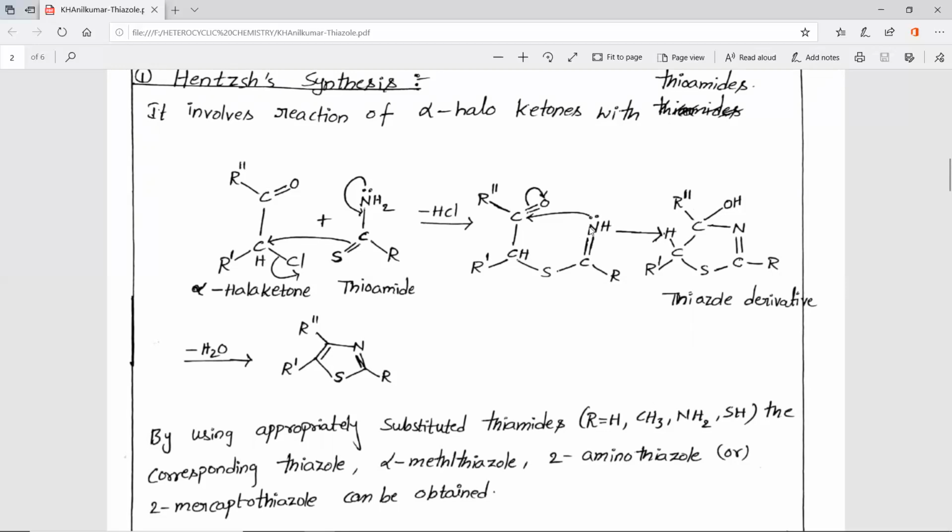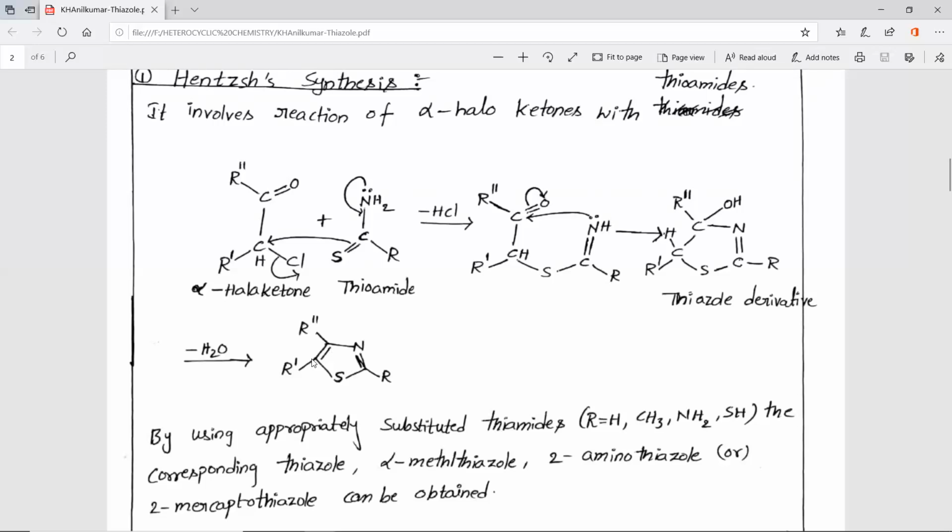So in another nucleophilic attack, the nitrogen atom will attack the carbonyl carbon and this is followed by dehydration. This H plus and OH minus are removed as a water molecule and we get a double bond between C4 and C5 carbon atoms.